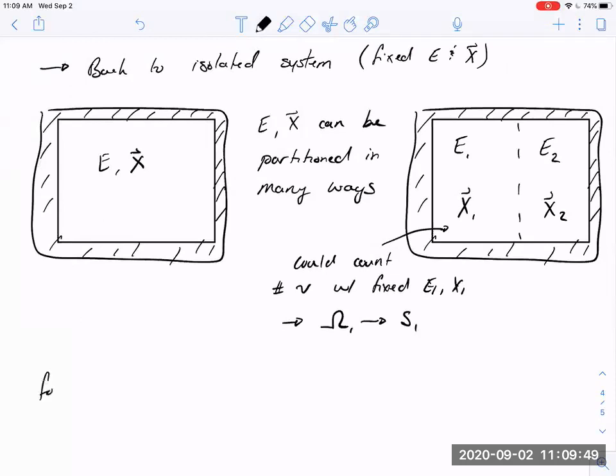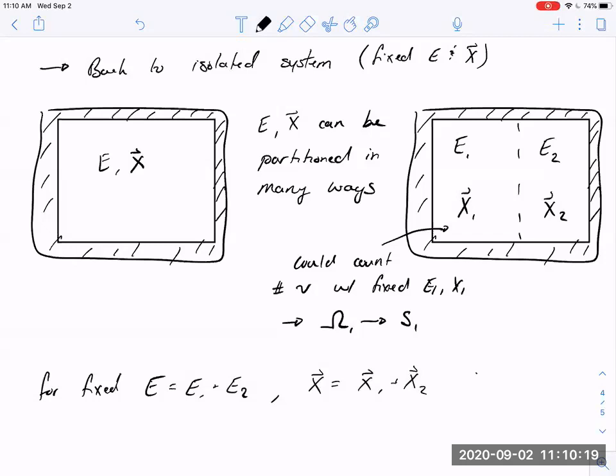Now for fixed total energy, which is given by the sum of E1 and E2, and fixed total mechanical variables, the volumes and numbers of particles, we have a notion of what sorts of changes will be spontaneous.